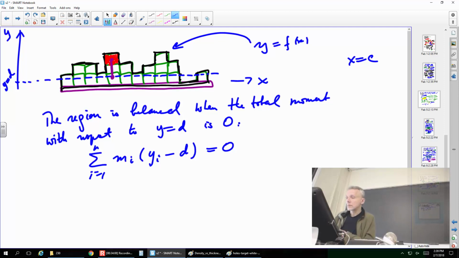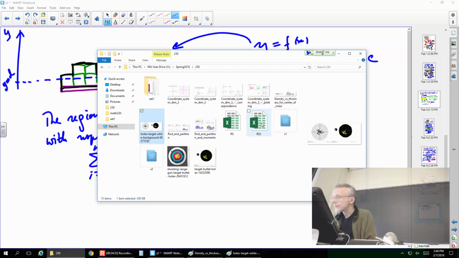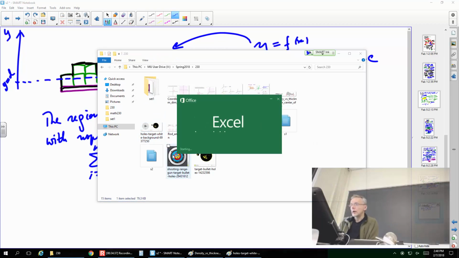Well, let's carry it out. This plan with Excel. Okay, so we'll take a look again at what we did last time, to refresh our memory.